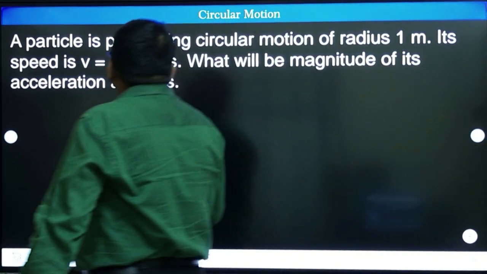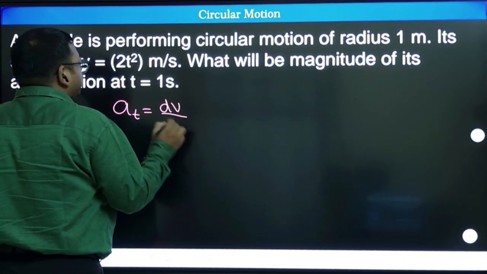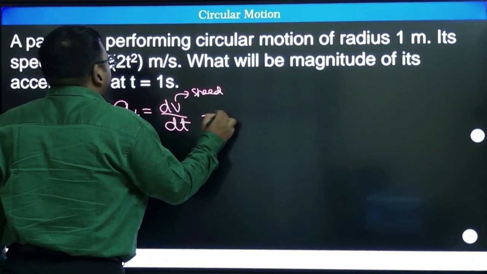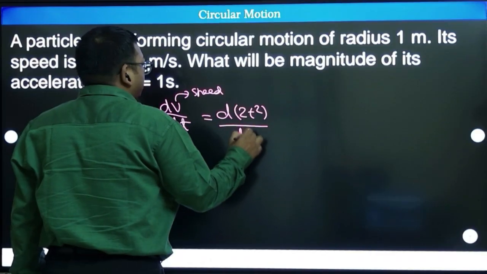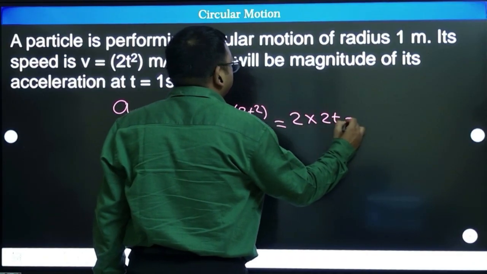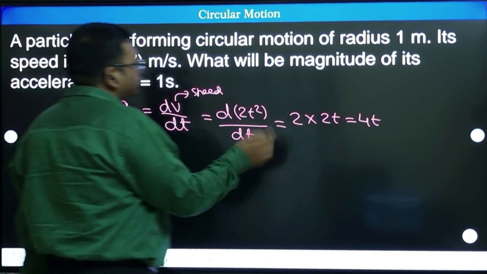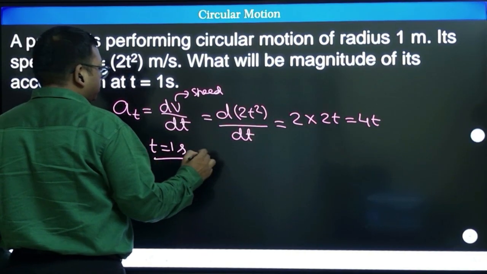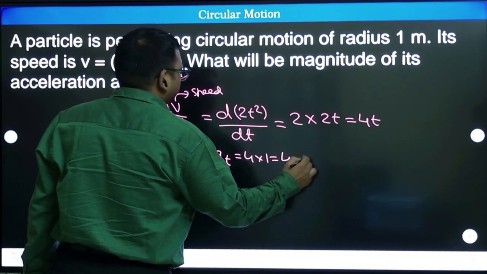Tangential acceleration is dv by dt, the rate of change of speed. So 2t square: 2 comes out, the differentiation of t square is 2t, so it becomes 4t. At time 1 second, tangential acceleration is 4 into 1, that is 4 meter per second square.